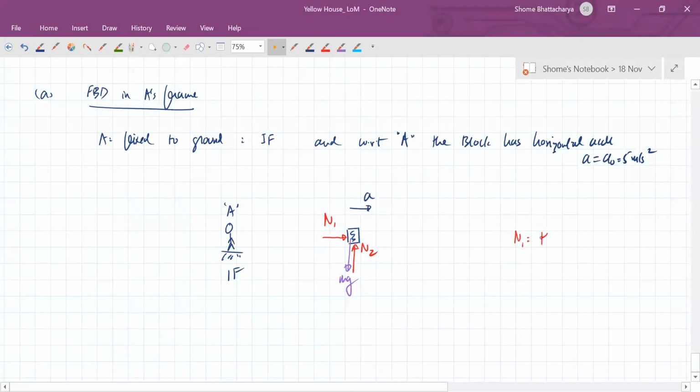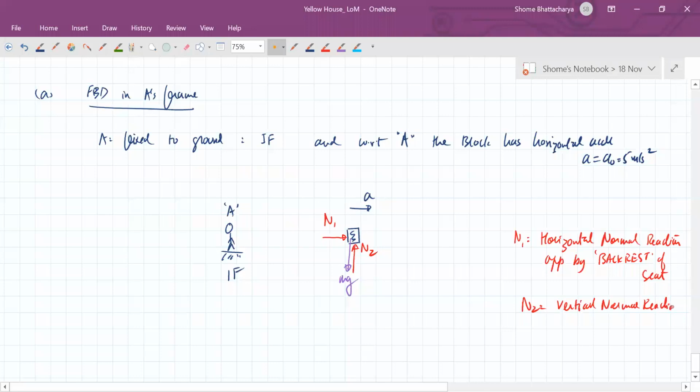So N1 is the horizontal normal reaction applied by the backrest of the seat. N2 is the vertical normal reaction by the seat.